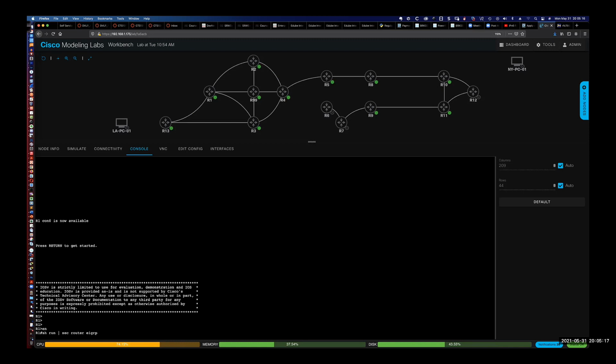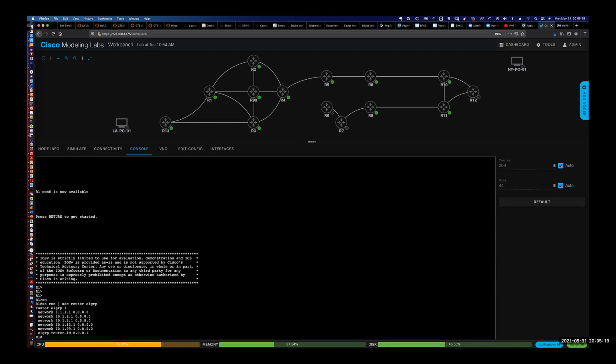EIGRP classic mode. Now, classic mode is 32-bit mode, right? When we're talking about setting up routers with EIGRP, you can do it either in classic mode, which again is 32-bit mode, meaning the metrics scale out to 32-bit values.